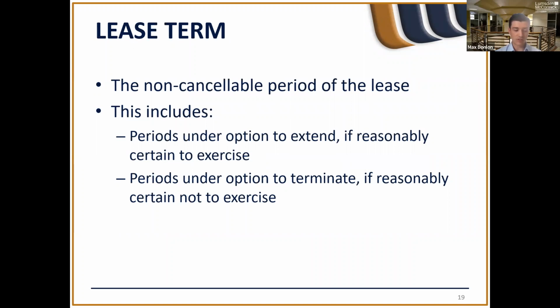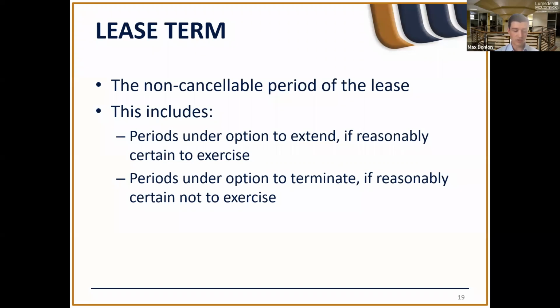The next thing I wanted to discuss was the term of the lease and what should be considered when recording the lease. So the size of the right of use asset and liability are dependent upon identifying the correct lease term. The lease term includes the non-cancelable period of the lease.